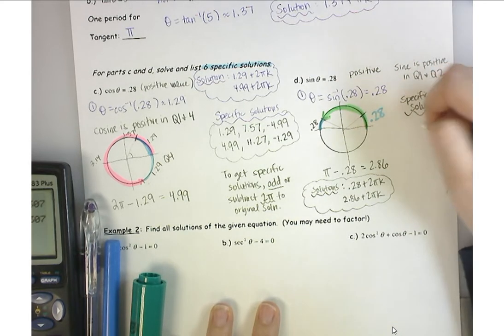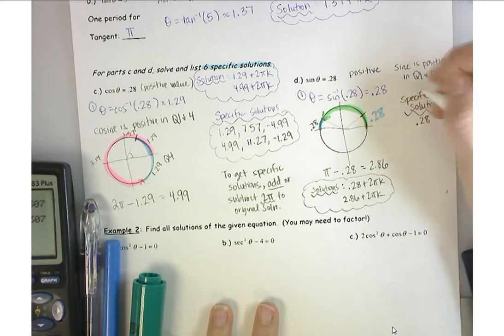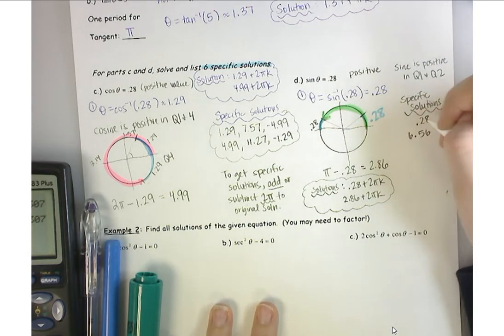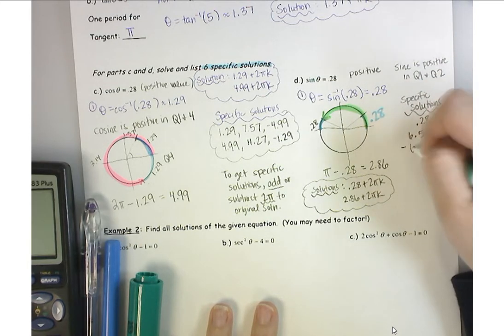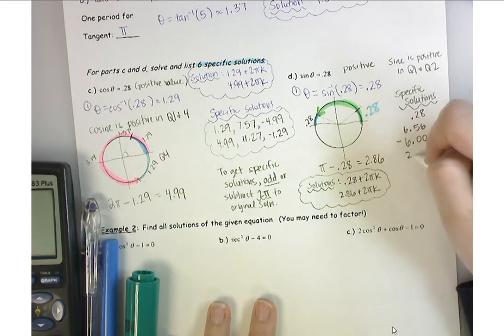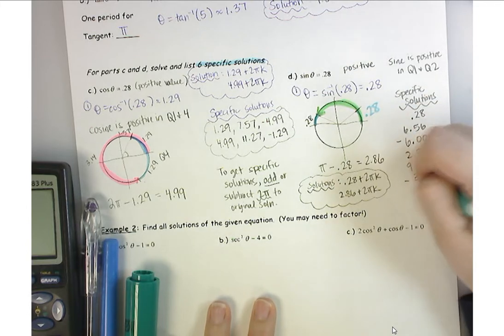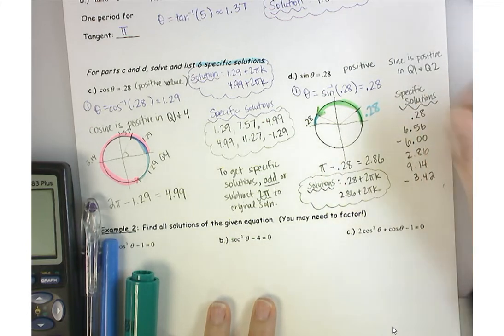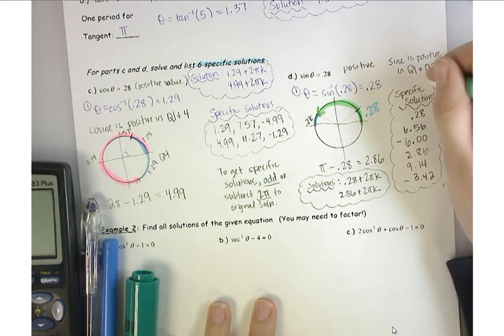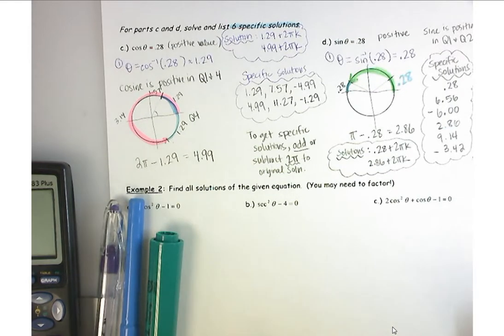So I'm going to start with 0.28, and then if I add 2 pi, I'm going to get 6.56. If I take 0.28 and subtract 2 pi, I get negative 6.00. And then I can do the same thing with 2.86. I can add 2 pi, and then I can take 2.86 and subtract 2 pi, and that gives me my list of specific solutions.